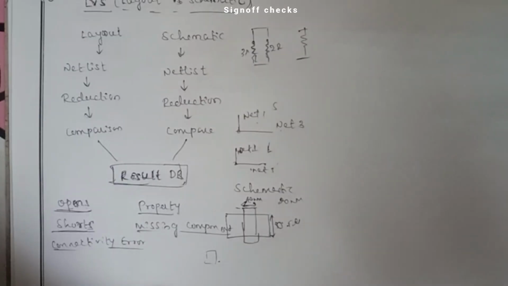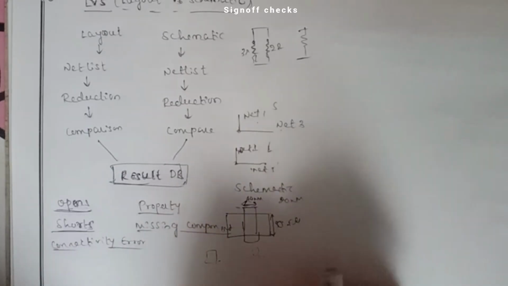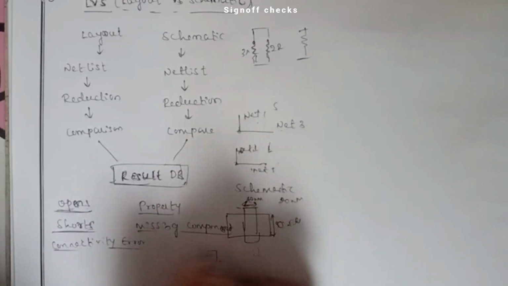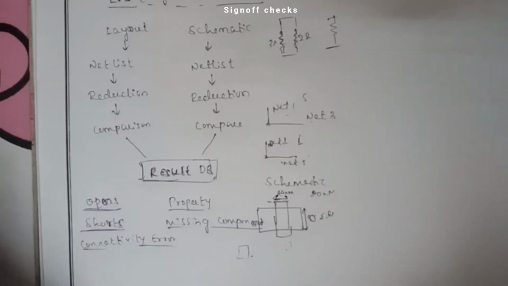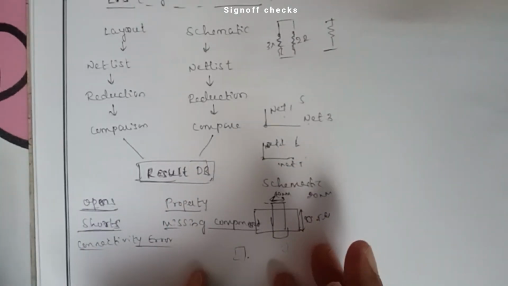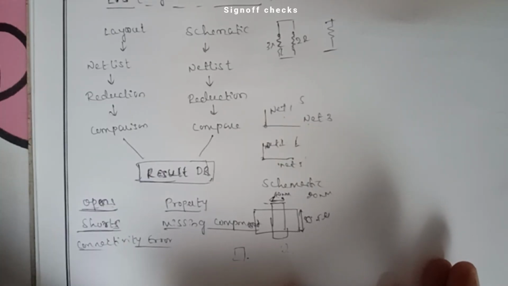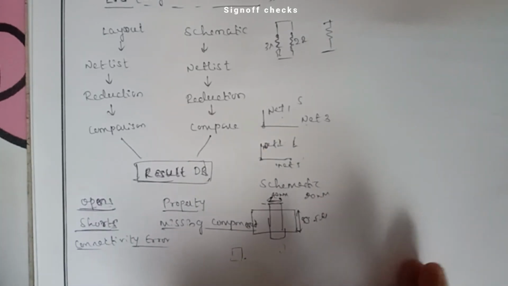So when we add layout dummies but forget to add the schematic dummies, that time it will also give the missing component. I'm just giving some normal examples. It will throw it if the schematic has some more instances than the layout has, or if the layout has more instances than the schematic, then also it will occur. Then soft check error.